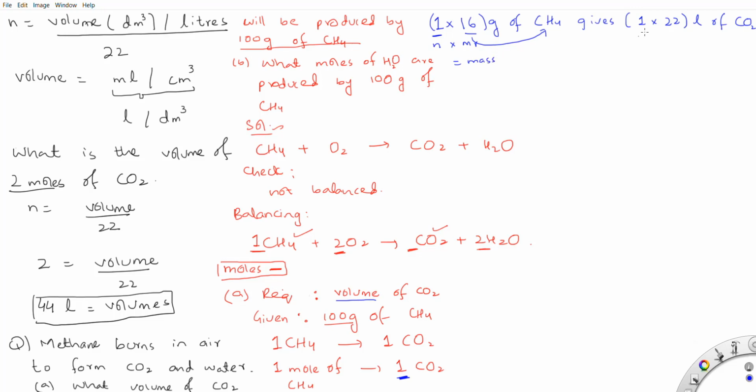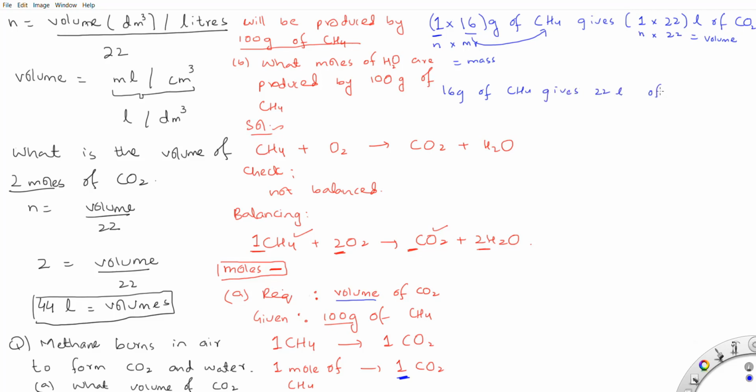Same goes here: this is n, the number of moles, and this is the standard molar volume, that is 22, that we just learned. So 1 times 22 is the volume of carbon dioxide. So now my question gets simplified as 16 grams of methane gives 22 liters of carbon dioxide.